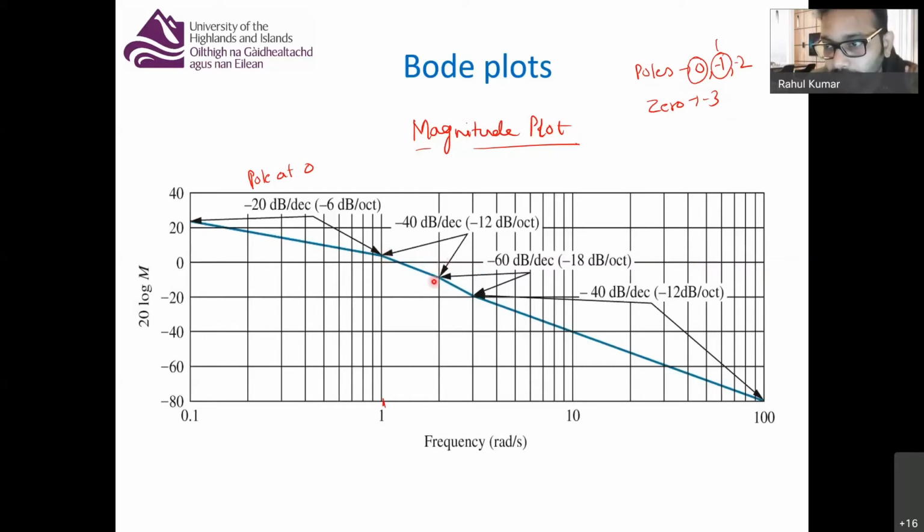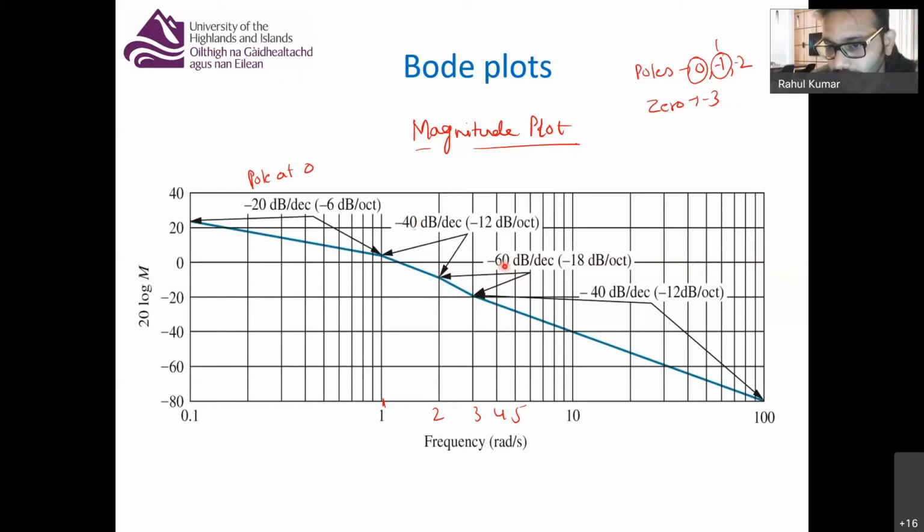The next pole is at 2 radians. So again, it will cause a break frequency at 2 radians per second, and your slope will further reduce by minus 20. Already you have minus 40 dB; if you reduce it further, it becomes minus 60.